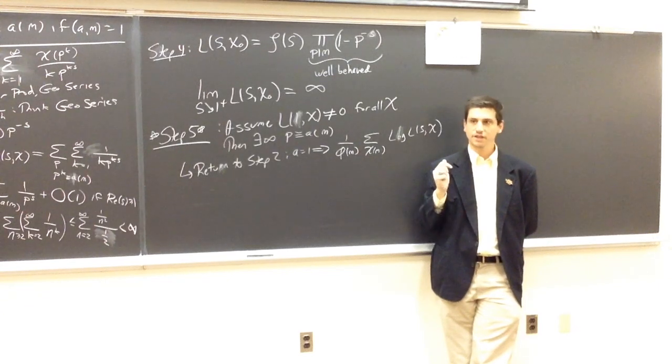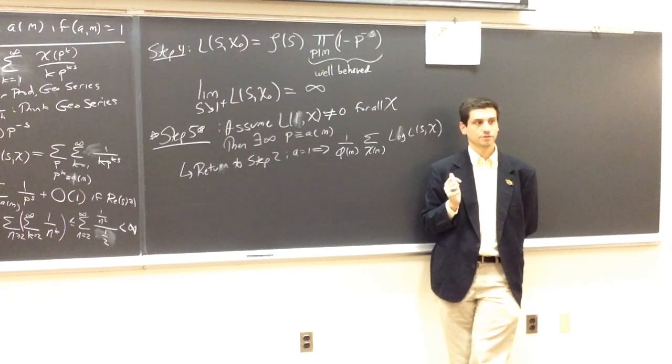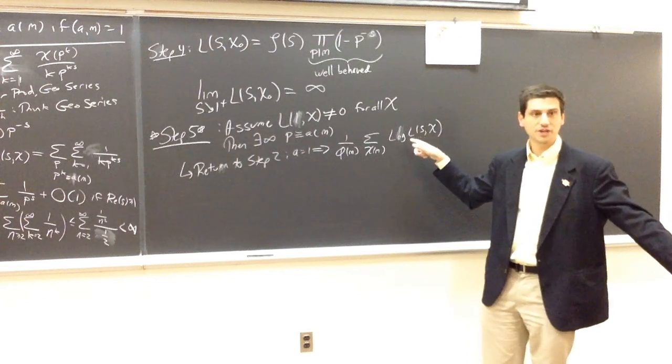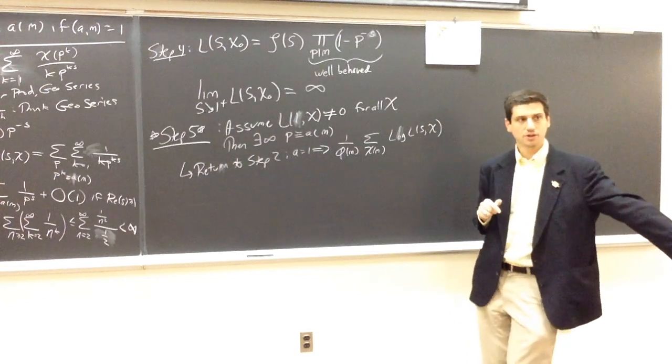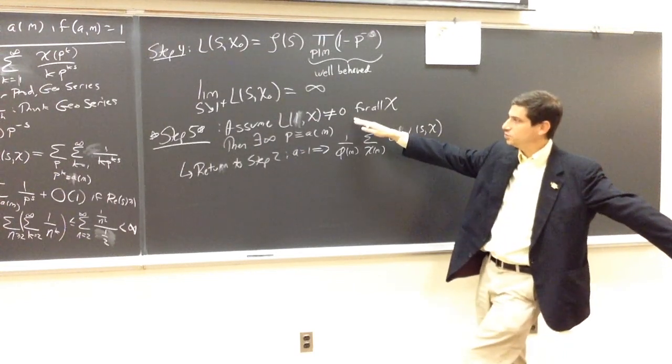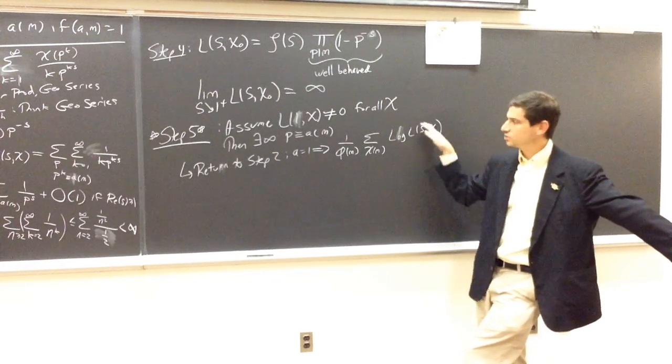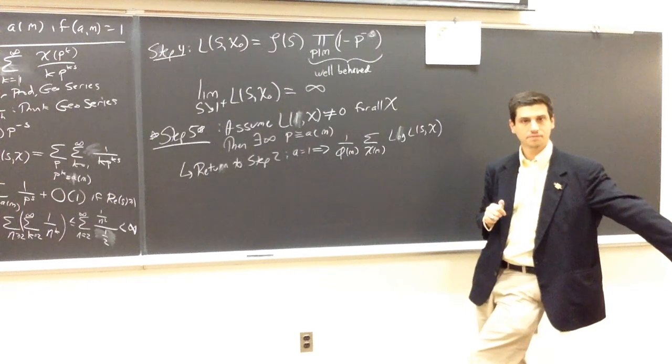They're finite. Are they finite for all characters, or is there a character we have to be careful about? The principal character, the trivial character. If we put that in, it's essentially the Riemann zeta function. It blows up. All the other ones, because we're assuming it's not 0, the log is going to be a finite number. What can you say about this quantity?